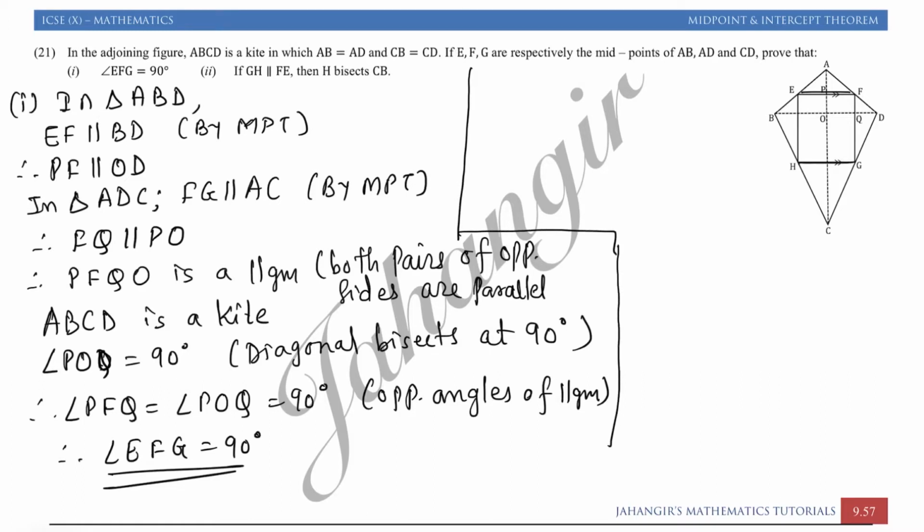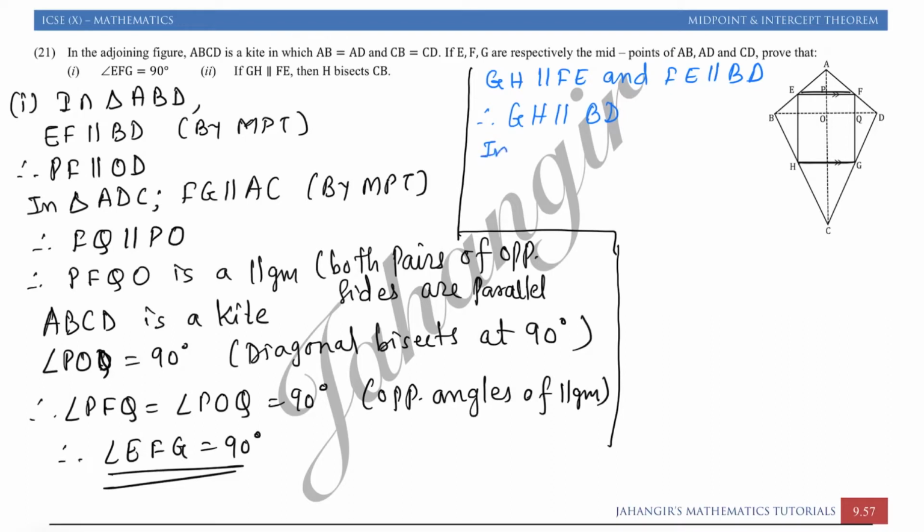GH is parallel to FE and FE is parallel to BD, as we had already proved. So therefore GH is parallel to BD.